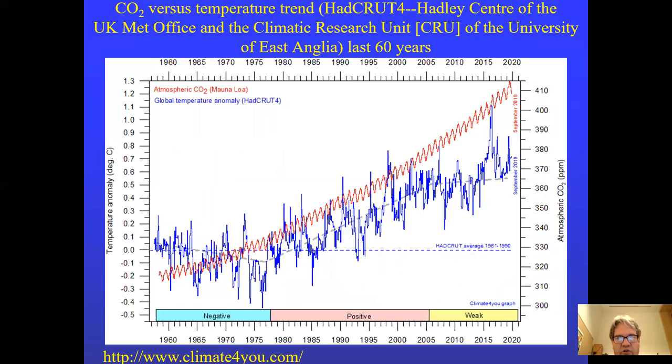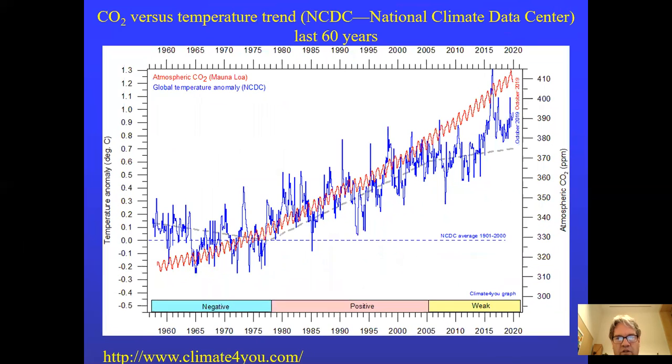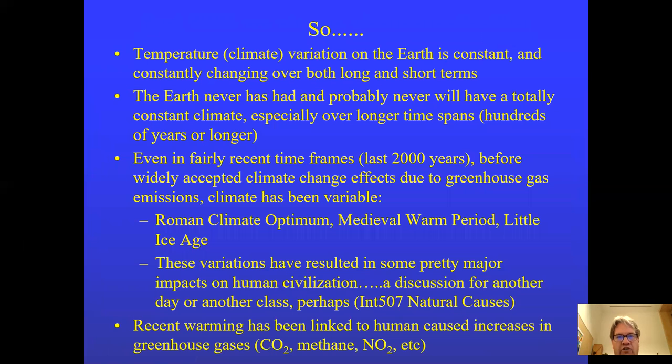Okay, I think that should do it for this. So the end point: what does this mean? Climate variation on Earth is constant. In other words, the temperature is constantly changing, right? Not that the climate is constant, but the variation is constant.